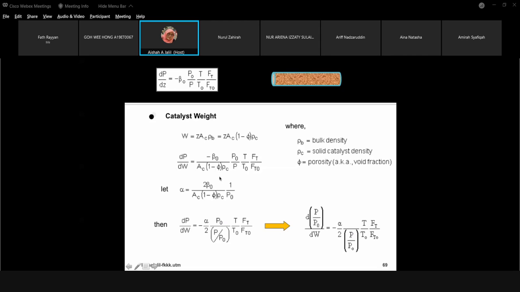To simplify this equation again, they let this one become alpha. So you can get dP over dW equal this one.